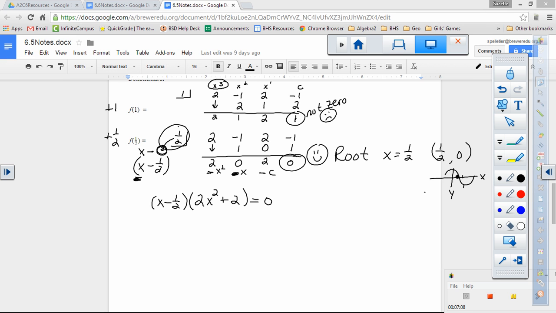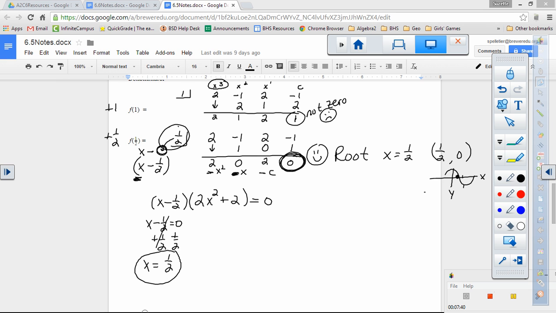So the idea with these polynomials is that we must reduce that cubic by some factor and turn it into a quadratic so that I'm able to solve it, because I know how to solve quadratics. So I found my root of 1/2, right, and that's here. So I would then do this. And this is the part I just said to you a few minutes ago you don't need to do, because given the fact that you got 0 up here means that 1/2 is in fact a root.